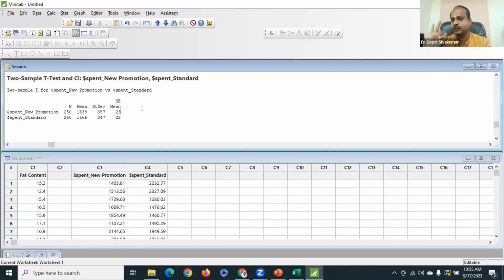Within 1 group, we have 2 categories: one with the population standard deviation known, one with unknown standard deviation. Known standard deviation is the 1 sample g-test. Unknown standard deviation is the 1 sample t-test. If there are 2 groups, it becomes the 2 sample t-test. If there are more than 2, let's say 3, 4, 10, it is ANOVA.